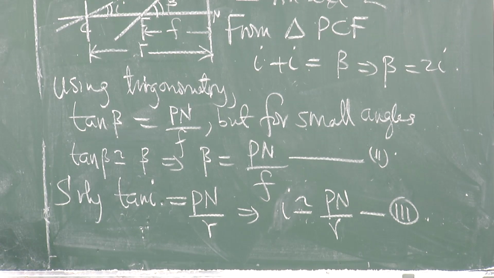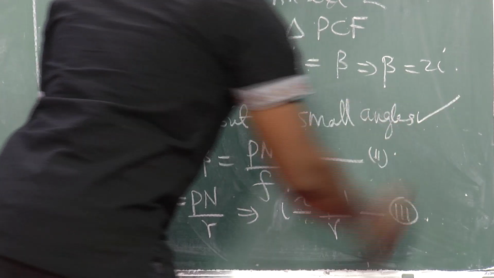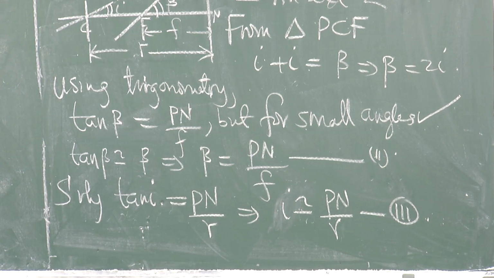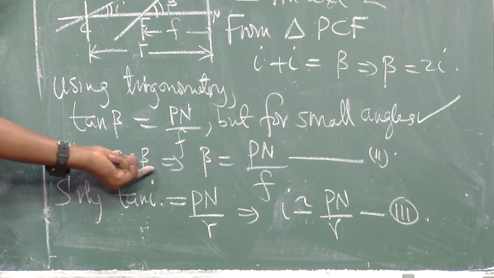It is important that a student must acknowledge that for small angles, the tan of an angle is approximately equal to that angle.